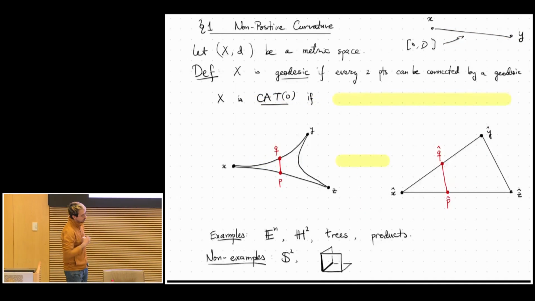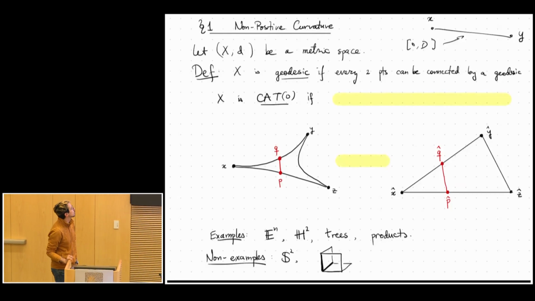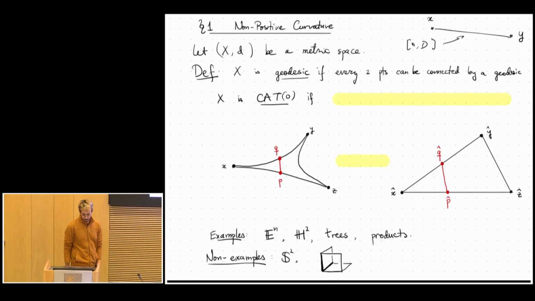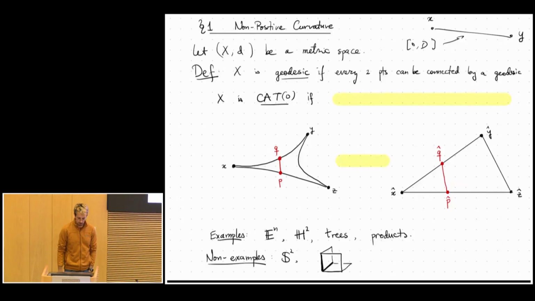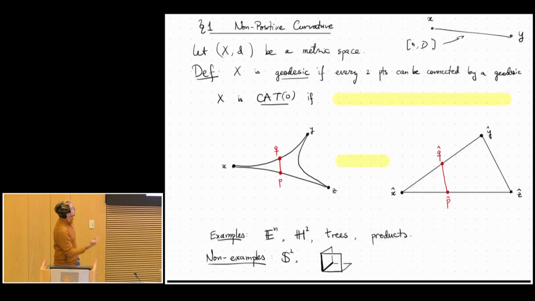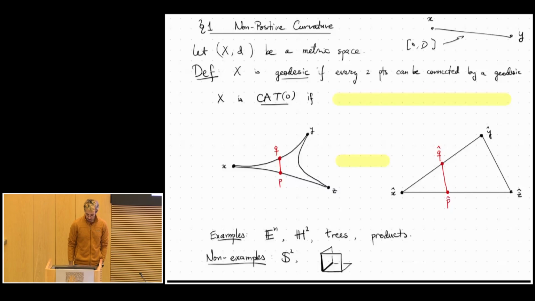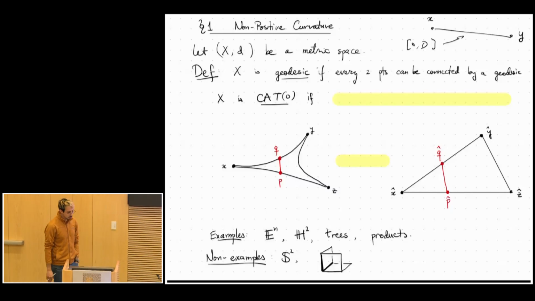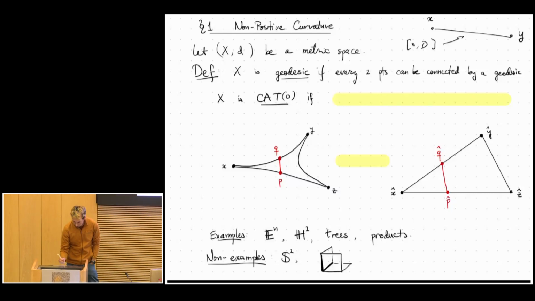Okay, now the main notion here is the notion of non-positive curvature, or it's known as CAT(0). This was coined by Gromov, but was studied before. It's an acronym. It has nothing to do with cats. So what does it mean to be CAT(0)?